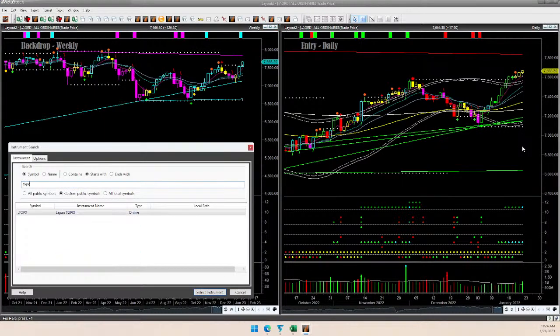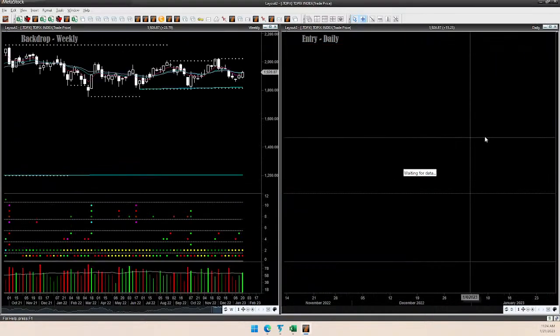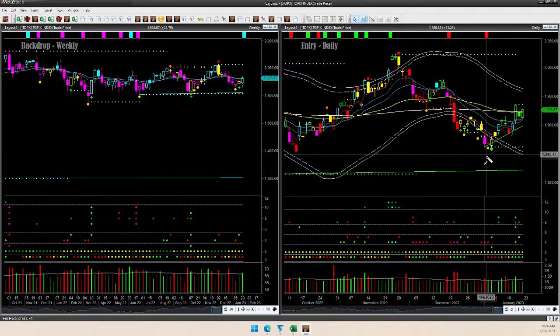What about Japan's TOPIX? In the daily, once again, very beautifully, TOPIX went up after displaying the very unique Q headwind reversal signal that almost caught the very low. You could start buying from there. You could start shorting when the bearish headwind came.